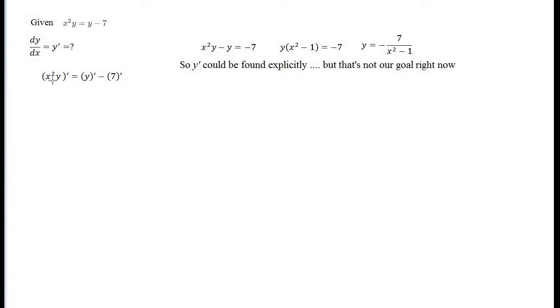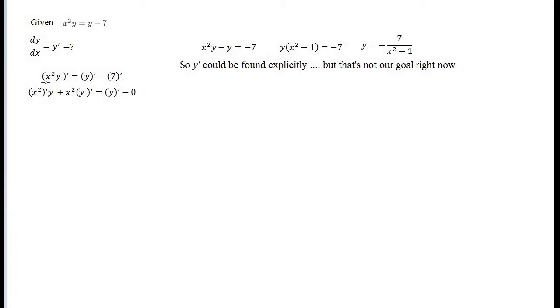So x squared y is going to get its own differentiation, y is going to be differentiated, and then 7 is also going to get differentiated. If we do as we just preached, we're going to have this result in our hand.